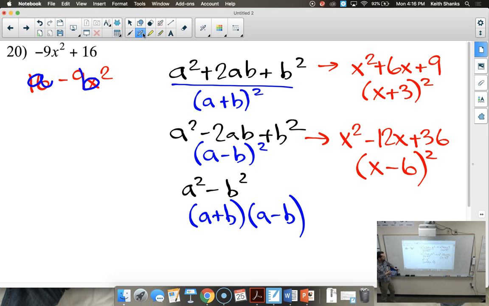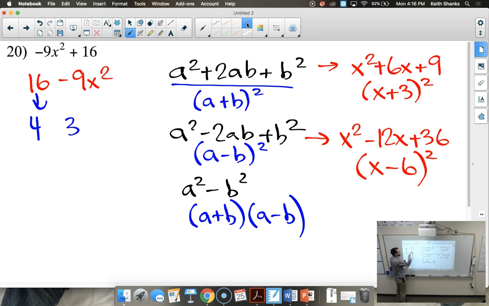They're squared, and so I'm looking at that through that mindset. So what I would do is simply ask, what is the square root of 16? We get 4. What is the square root of 9x squared? The square root of 9 is 3. The square root of x squared is x. And so you do a plus version of this and a minus version of this. And that's your answer. Okay?